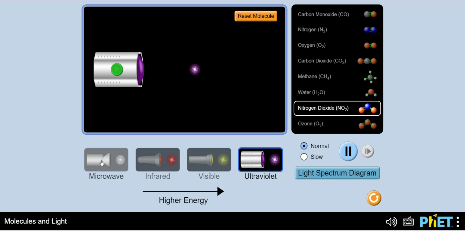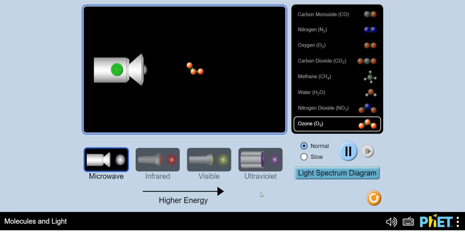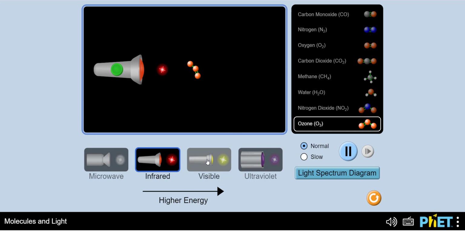Okay, now I'm going to go back to microwave and ozone. Infrared. Visible light.